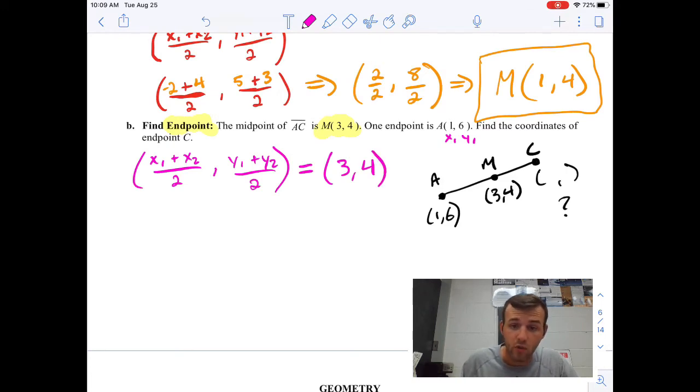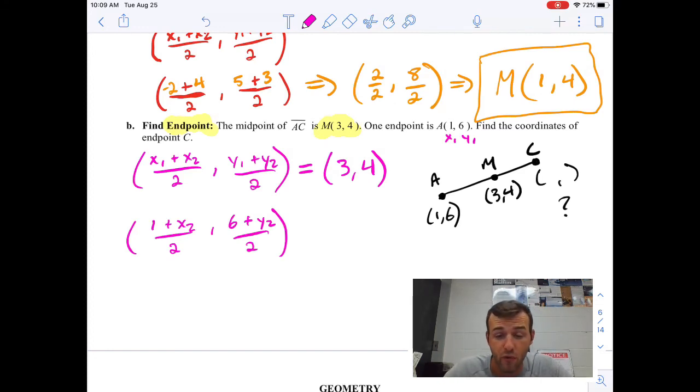So what we're looking for is the missing information. Let's plug in to see what we've got and what we don't. x1 is 1, plus we do not have an x2, over 2; y1 we have a 6, plus y2, over 2. Those will equal 3 and 4, but we don't have x2 and y2. That's actually going to be our final answer.